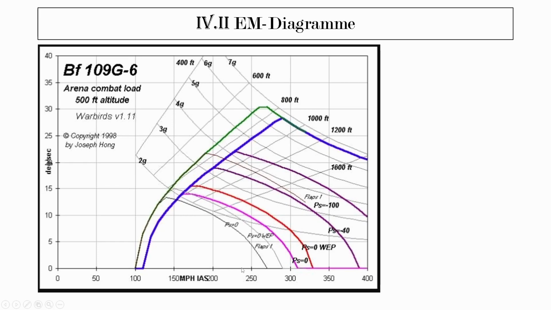Now, what if we go to higher speeds? Let's look at, for example, 250. For the 250 miles an hour case, again, if we were to fly only at 2 Gs, maybe slightly above 2 Gs, maybe 2.1 at this point, or 2.2, as you can see, we would be on our neutral line here, and the turn rate is definitely worse than it is over here.